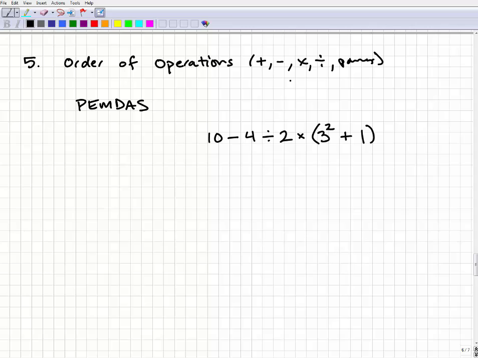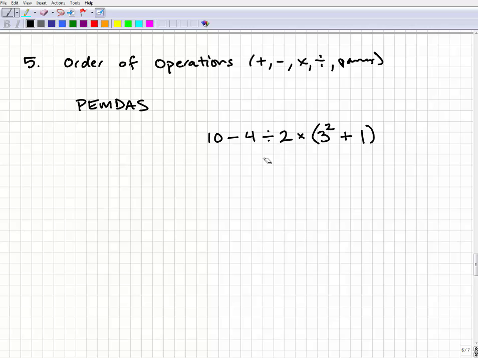Well, we just don't get to randomly do a problem like this and say, oh, maybe I'll handle this problem by saying 4 divided by 2 is 2, and then I'll subtract the 2 from 10, that's 8. Nah, I don't want to start the problem that way. Maybe I want to go 10 minus 4 is 6 divided by 2.